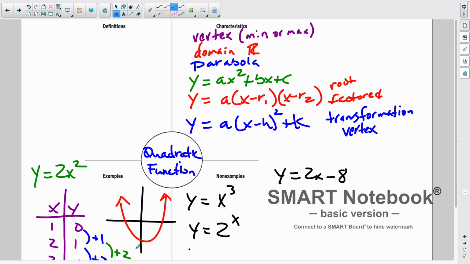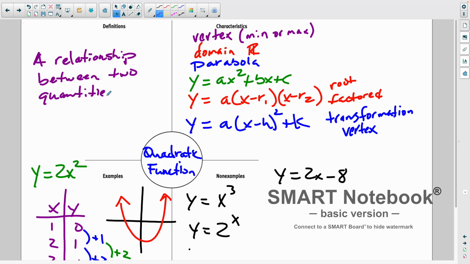So if I were to go up here and define this, this is a relationship between two quantities with a linear rate of change.